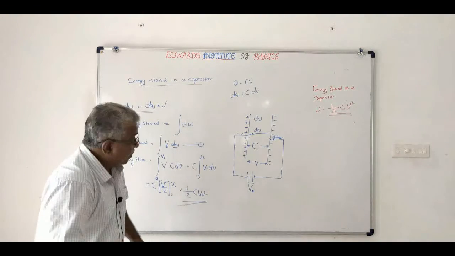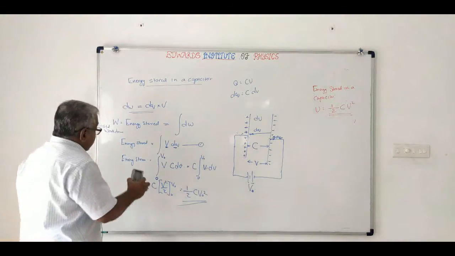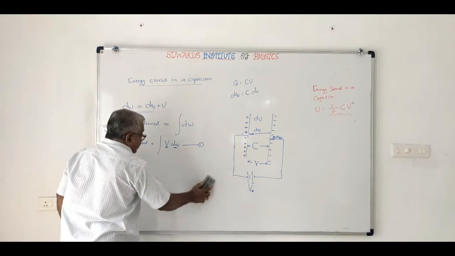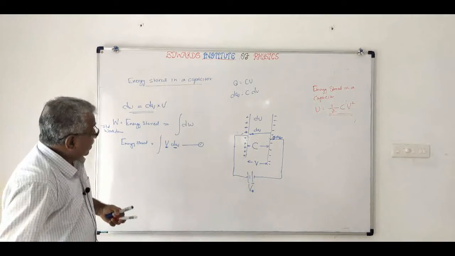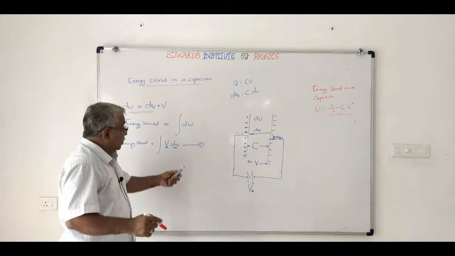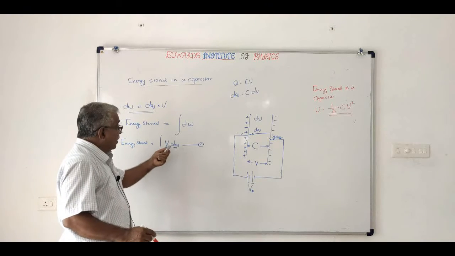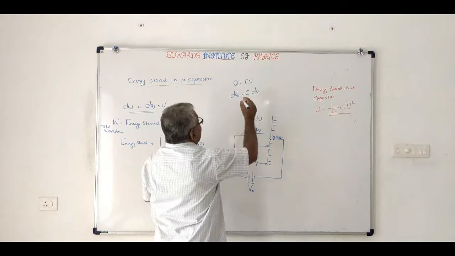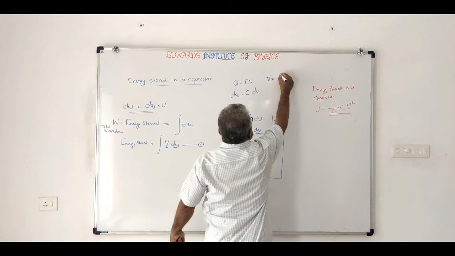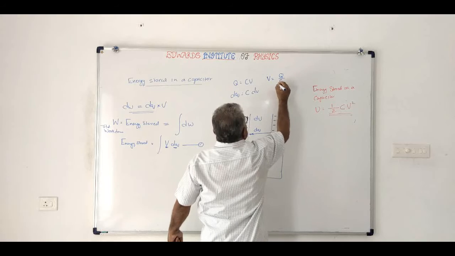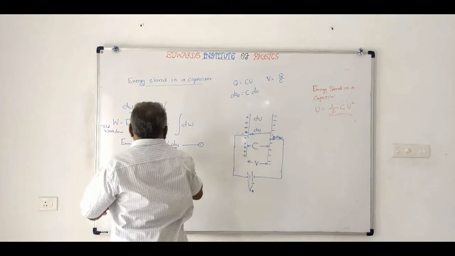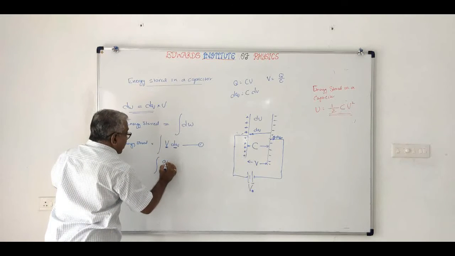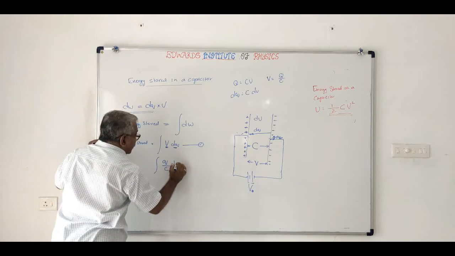Before that I will come to one more point. This is the expression you got, equation number 1. Earlier I told that you can convert V in terms of Q. What will be V? V will be equal to Q by C. So you can write here integral, instead of V I can write Q by C dq.